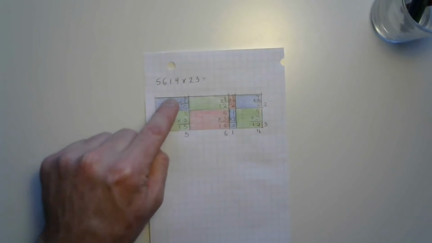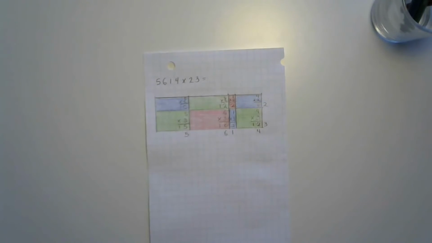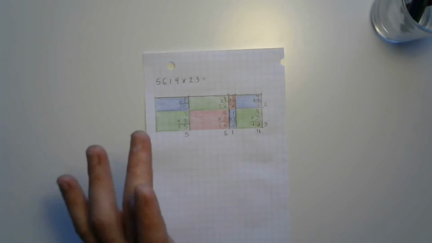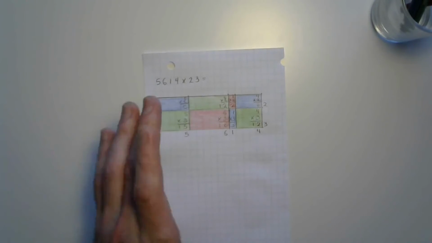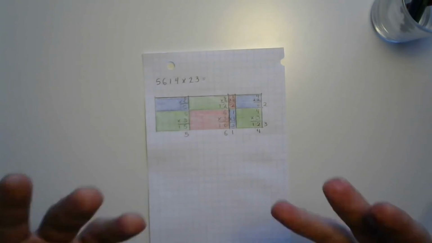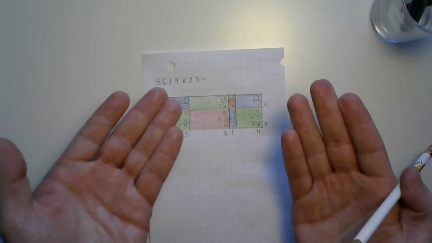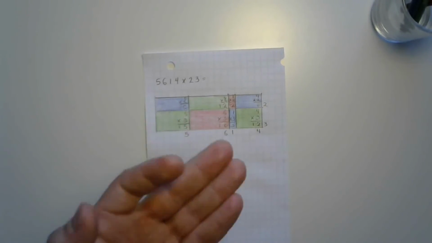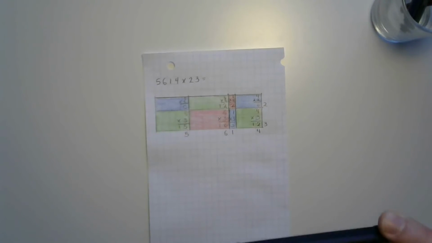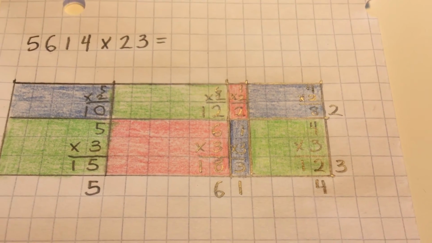But not really 10, 12, 2, and 8, is it? These numbers are not quite what they appear to be. We're going to have to do some thinking for this next step as we create our partial products. It's pretty awesome.